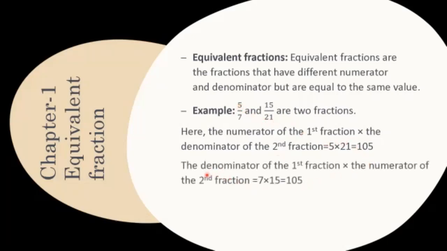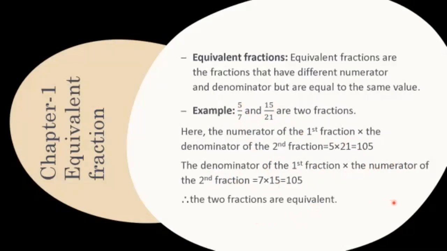Again, the denominator of the first fraction multiplied by the numerator of the second fraction: 7 multiplied by 15 is 105. So therefore the two fractions are equivalent, my dear.